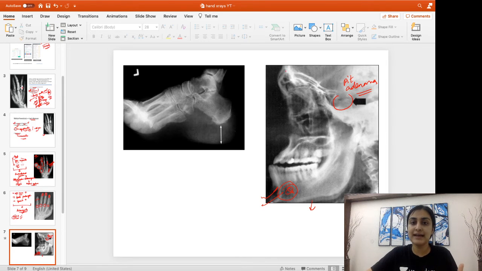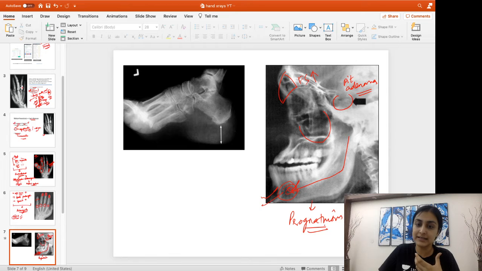Second, the size of the sinuses, the frontal sinus, the maxillary sinus, is all increased. Third feature is that the jaw is protruding frontally. This is called prognathism, an increased, more prominent angle of the jaw.